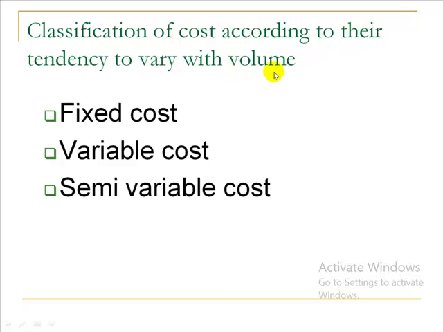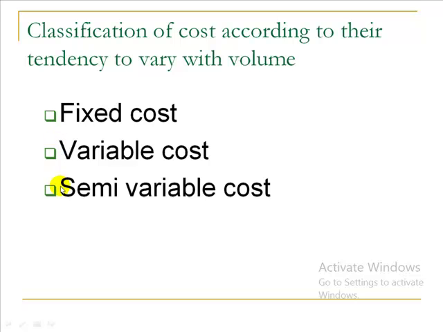Based on volume, we group cost into fixed cost, variable cost, and semi-variable cost. Fixed means constant, variable means changeable, semi means a half.